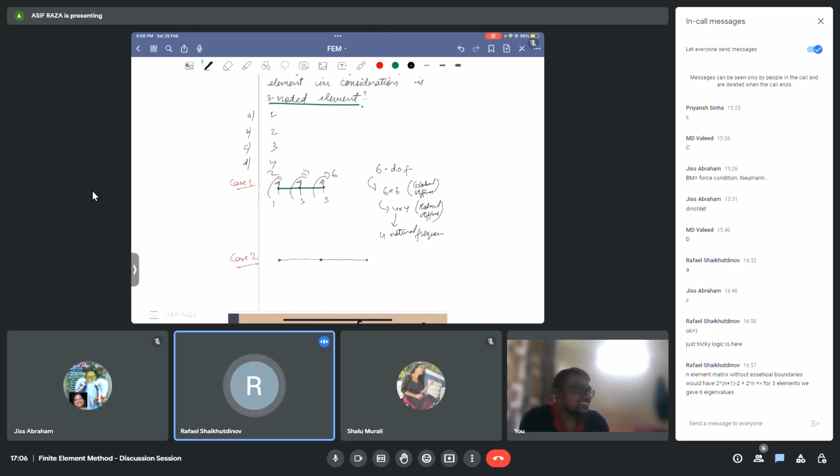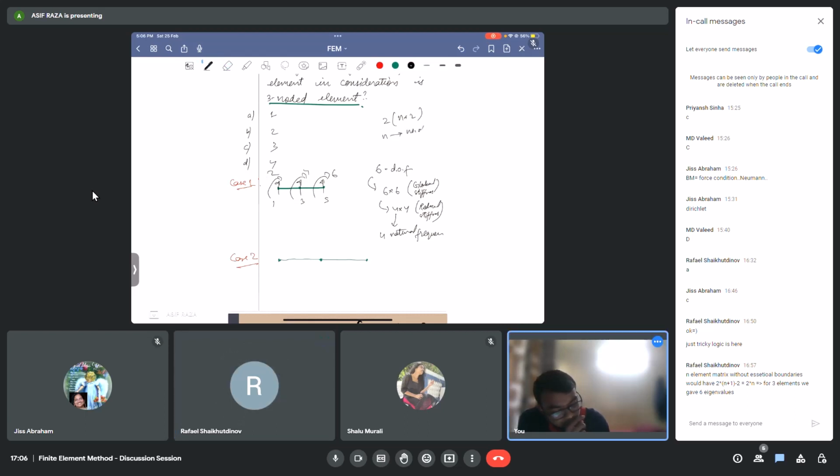The global matrix dimension will be 2 multiplied by (n plus 2). Come again. The global dimension of a global stiffness matrix is 2 multiplied by brackets n plus 2, where n is the number of elements in consideration.